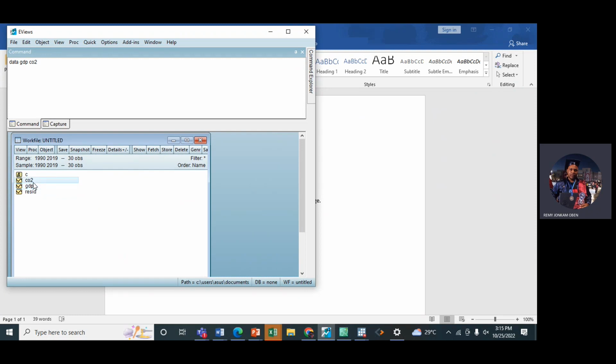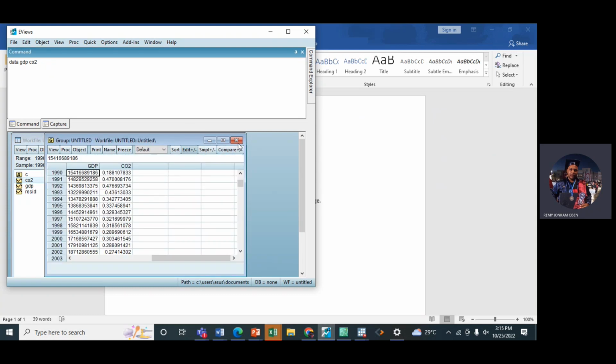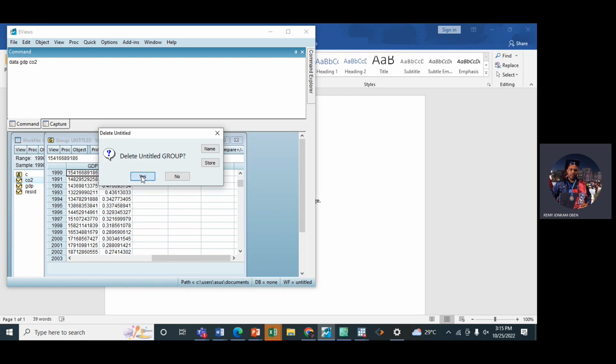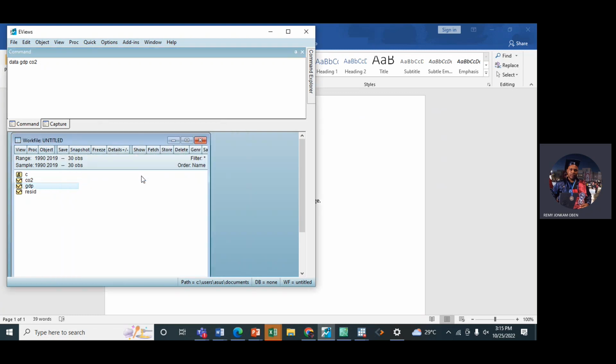I want to generate the log. I told you how to generate log. I'll type generate lnGDP equal log GDP.